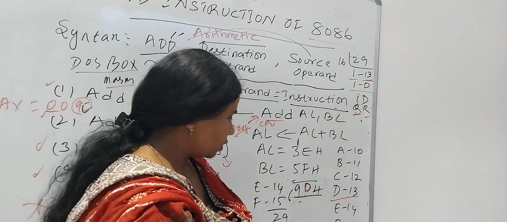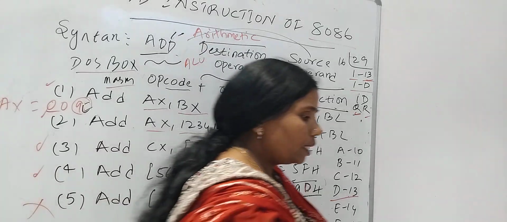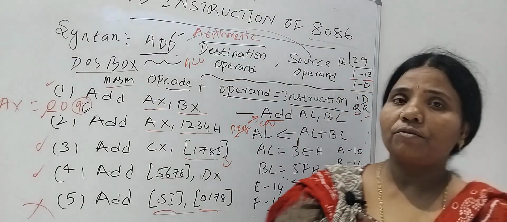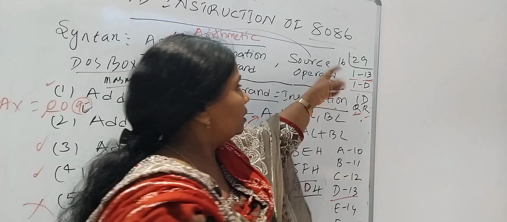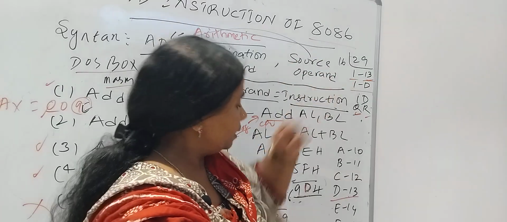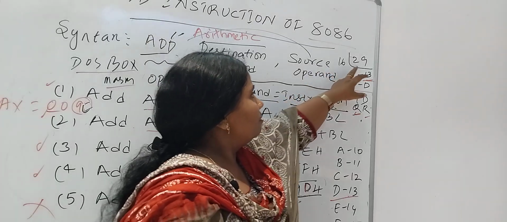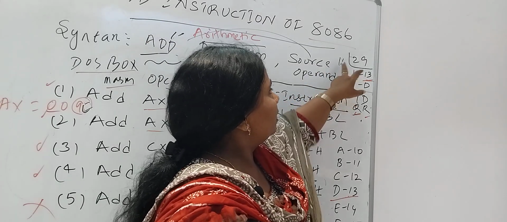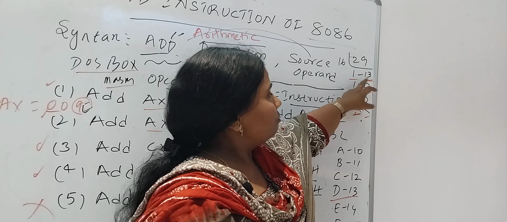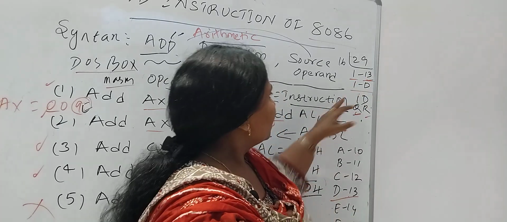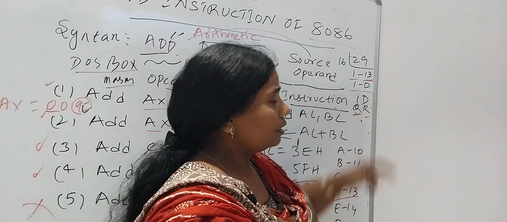This 29 is more than 16, so you have to divide it by 16. One 16 and 29 minus 16 gives a remainder of 13. 13 in hexadecimal is D. So you can write 1D, quotient and remainder.